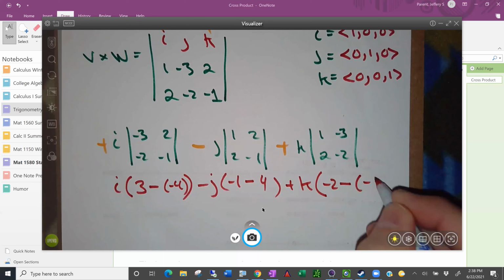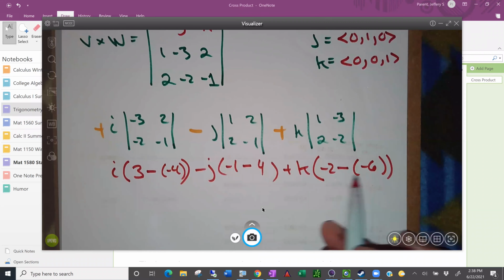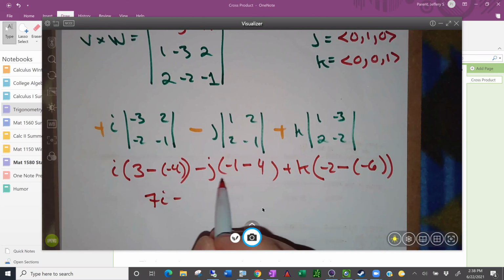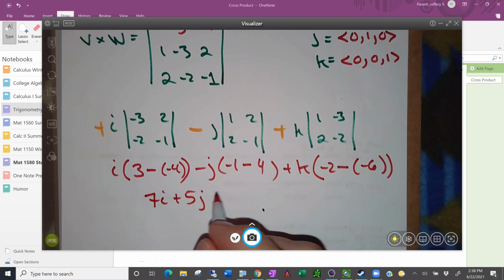Because the product going up gives you a negative 6. So again, you've got a double negative. That double negative here gives me a total of 7i, minus j times negative 5 is a plus 5j. And then negative 2 plus 6 is positive 4, positive 4k.